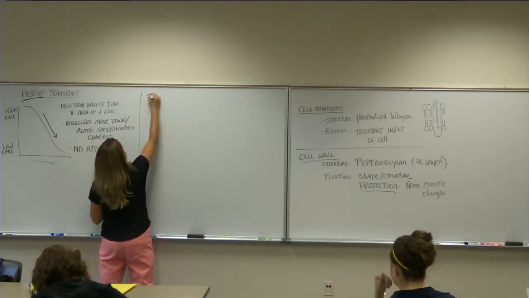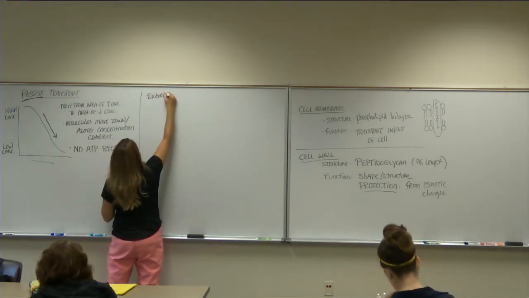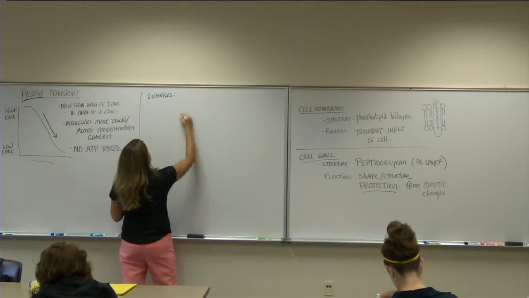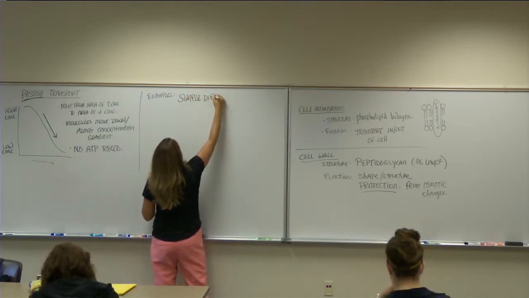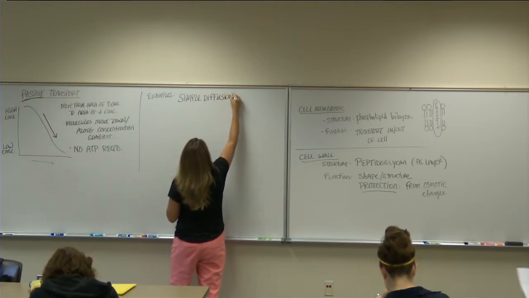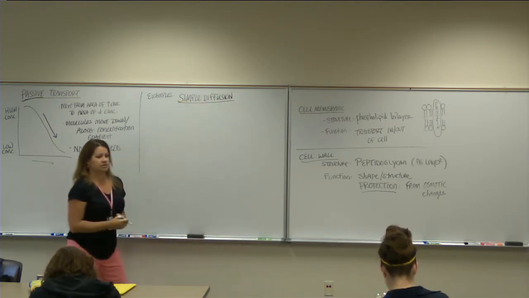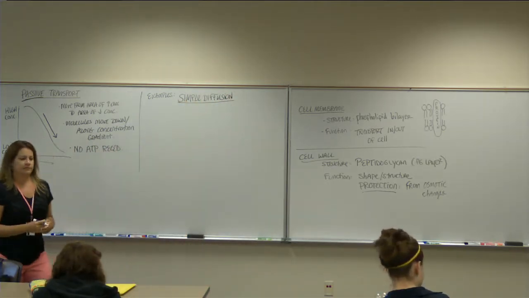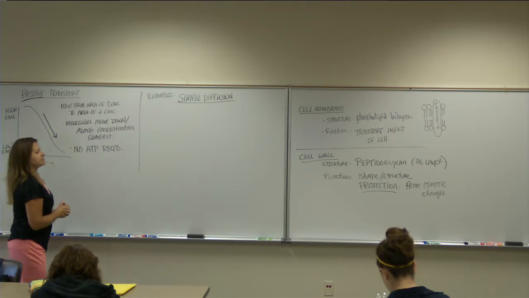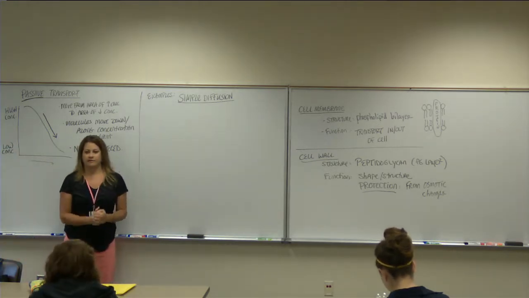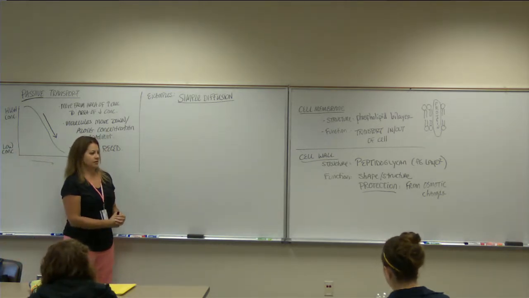Examples? First one we have is simple diffusion. Any class that you learn diffusion in and you're reading through the chapter, it's the same in this textbook. You're always going to see the characteristic coffee cup with a sugar cube in it example.